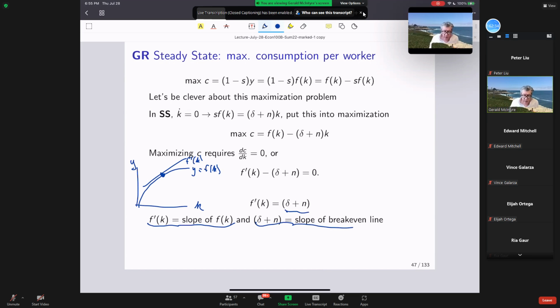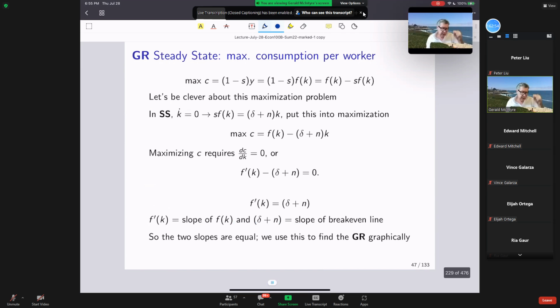That's over here. So it says the two slopes are equal. The break-even line slope and the slope of the output per worker function are equal at the golden rule. And since they're supposed to be equal, that would be the golden rule steady state. The two slopes are equal, and so we can use that to find the golden rule graphically. I'll do that on the next slide.